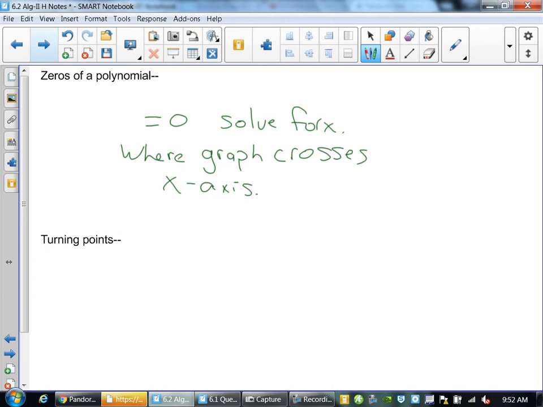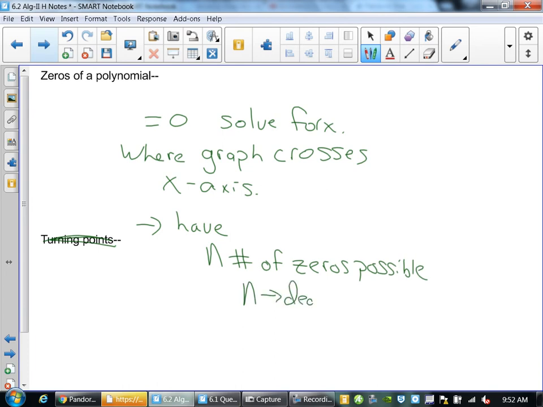So the zeros of the polynomial, you can have up to n number of zeros are possible, where n is the degree.